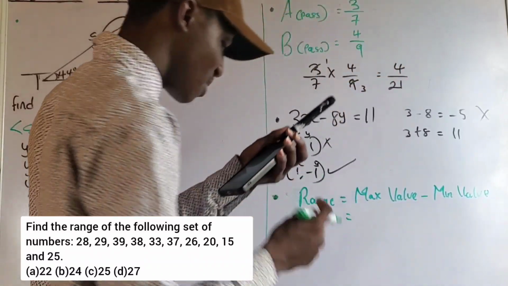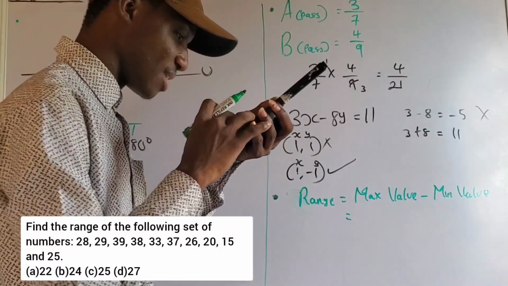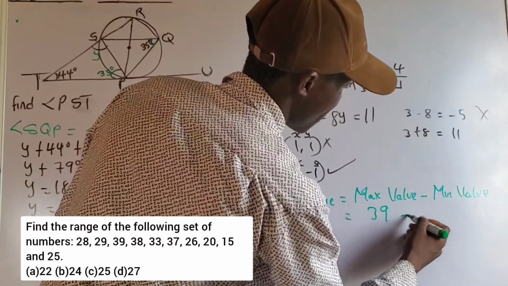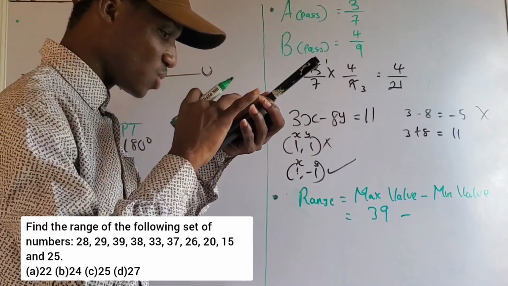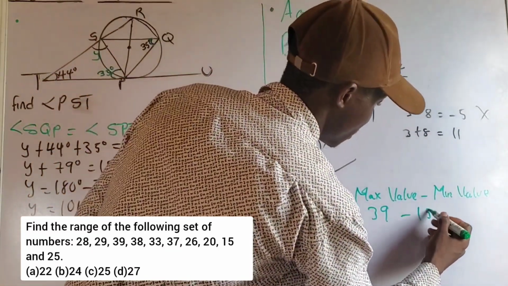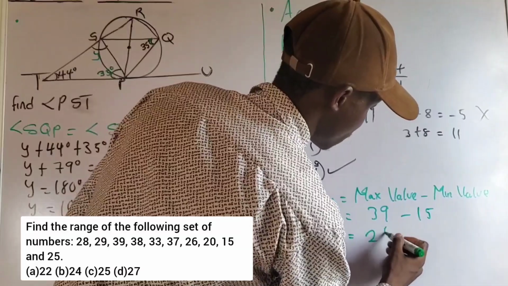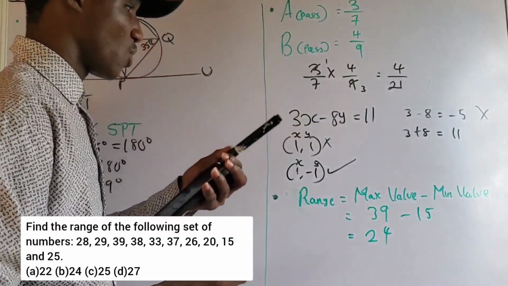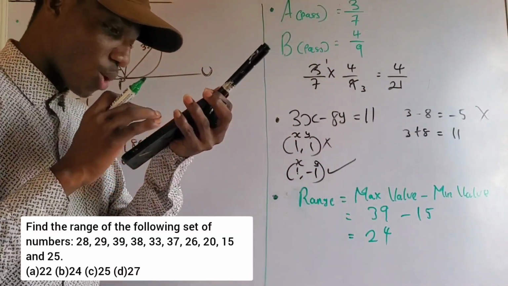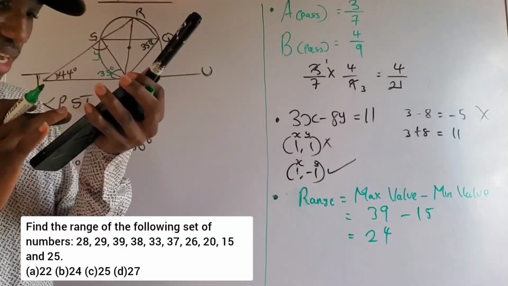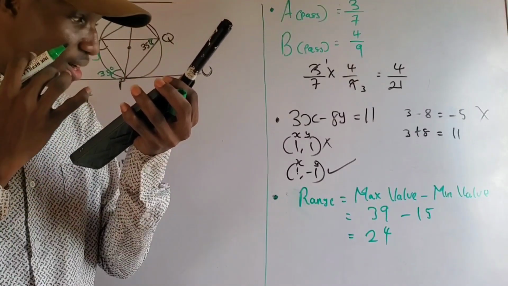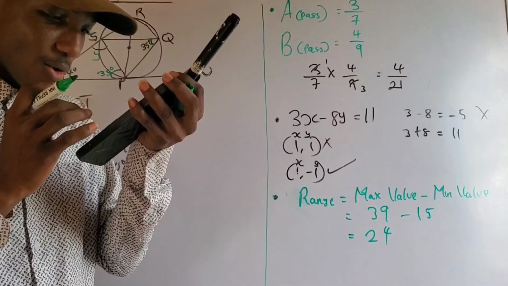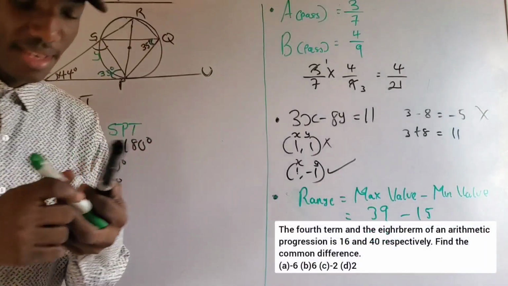The maximum value is 39 and the minimum value is 15, so I'm going to have 39 minus 15. 39 minus 15 is 24. So the right option to that question is option B, 24.